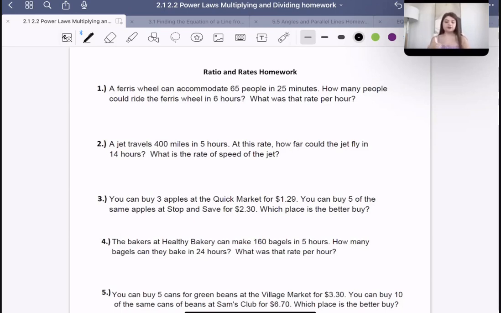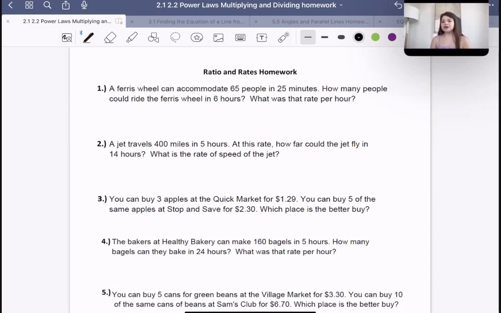Okay, so there's a few things we need to do to answer this question, and there's also a couple different questions here. They first ask how many people could ride in 6 hours, and that's a separate question from how many people for 1 hour. But to find any of that, the only current rate we have is in minutes, right? 65 people could ride in 25 minutes.